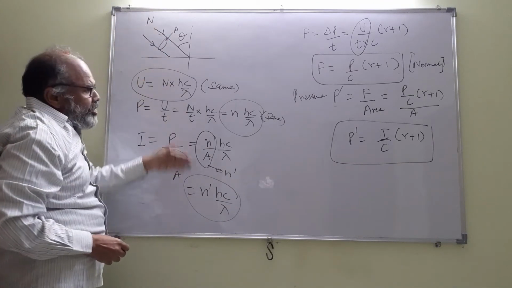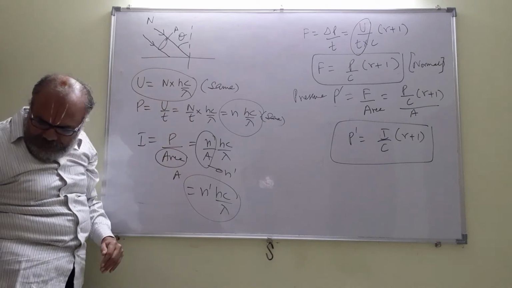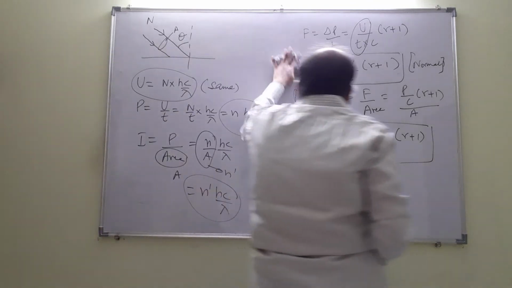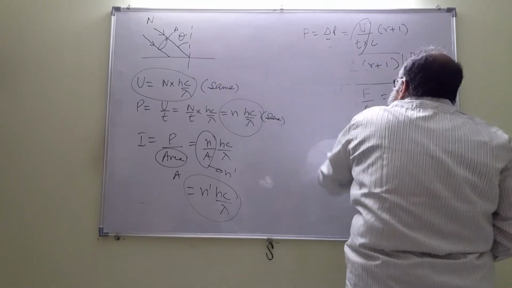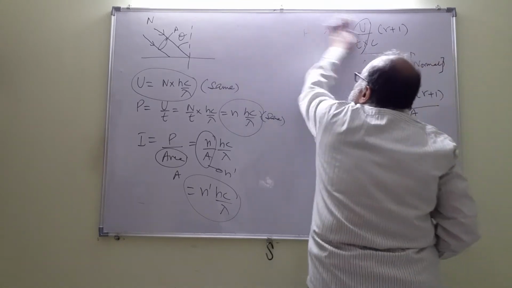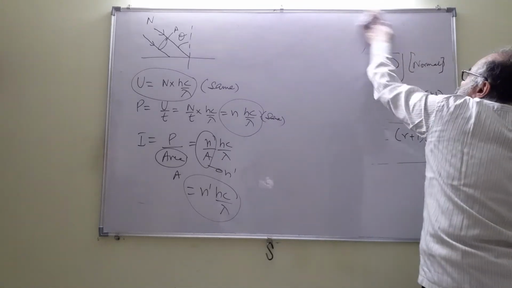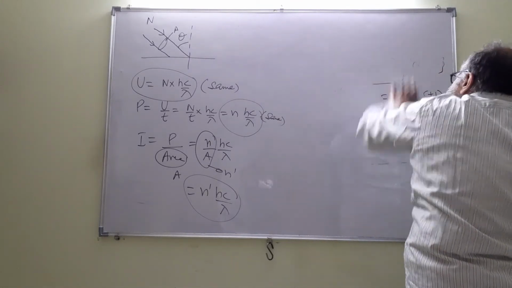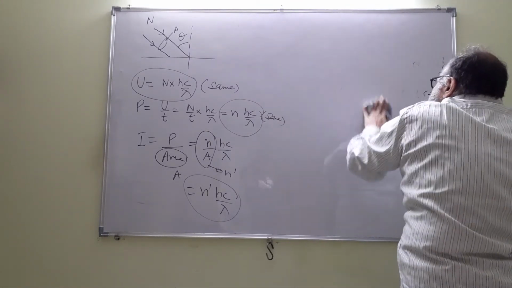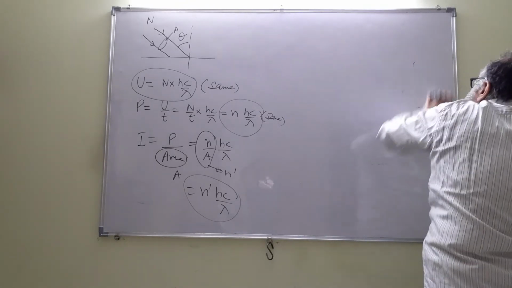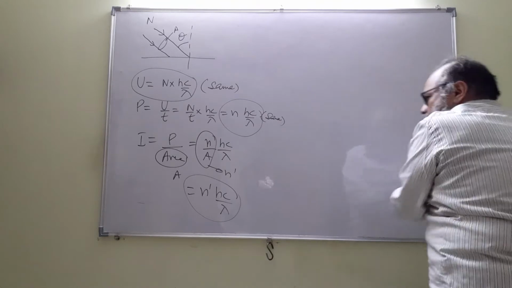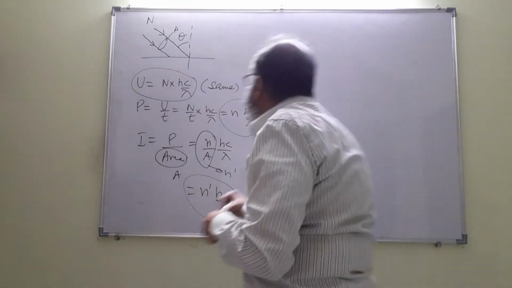That is why all the expressions are the same. Now let us see the change in the momentum. There will be a momentum change in the normal direction and there will be a momentum change in the tangential direction as well. Let us try to understand these.